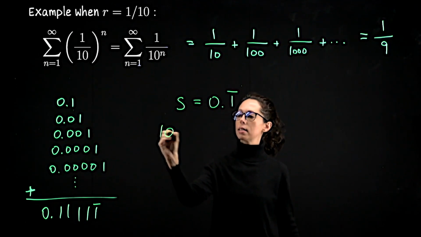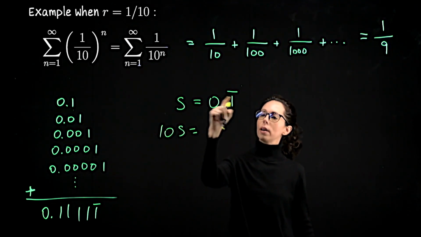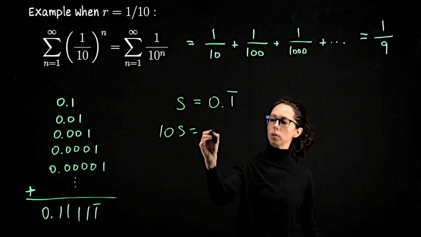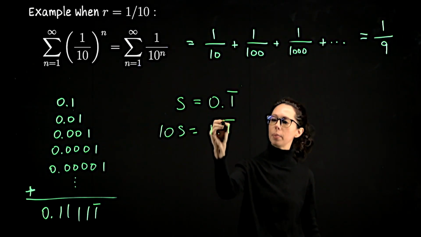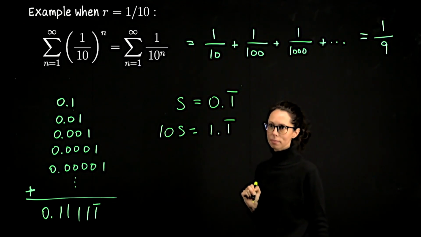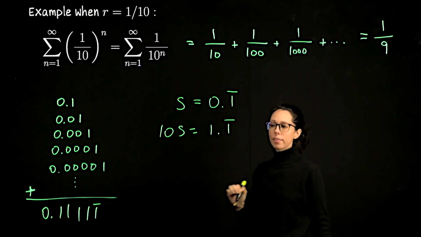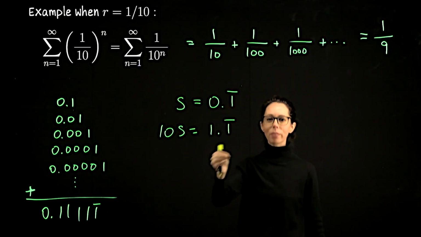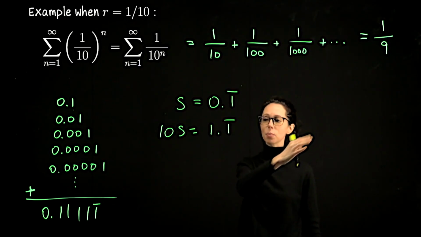So 10S is, if I slide the decimal over, we'll have 1, but then we'll still have repeating ones after that. So 10S will look like 1.1 repeating, which means now that if I take 10S and I subtract off S, the 0.1 repeatings are going to cancel. They have the same decimal part.